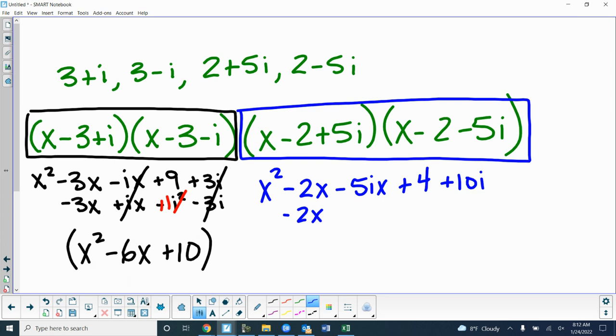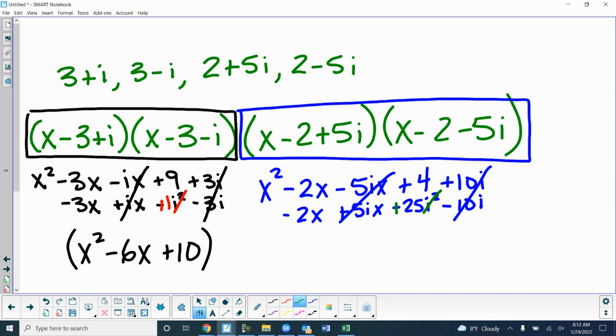That's the next three. And then 5i times x is positive, so those go away. 5i times -2 is -10i, those go away. And then 5i times -5i is -25i squared, but that's a positive 25, right?